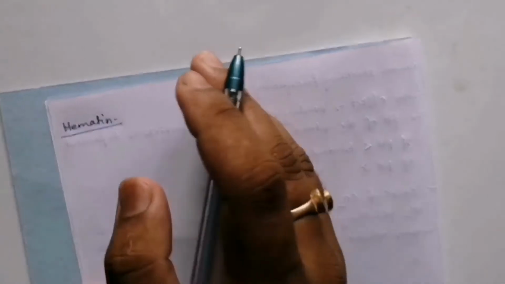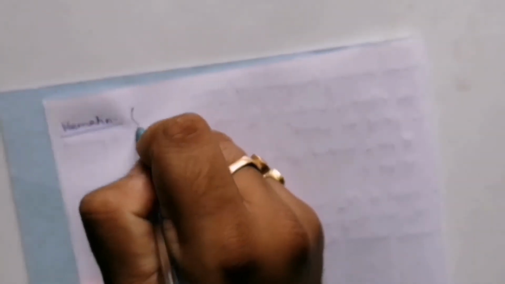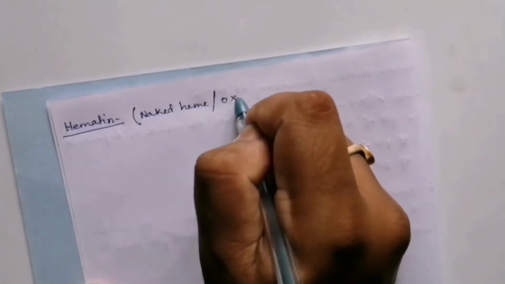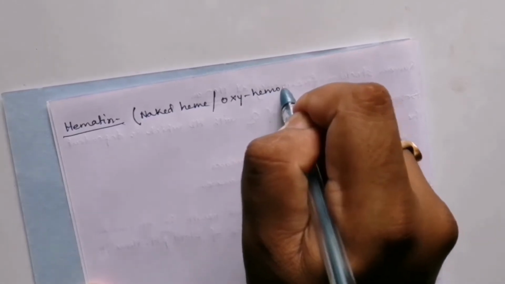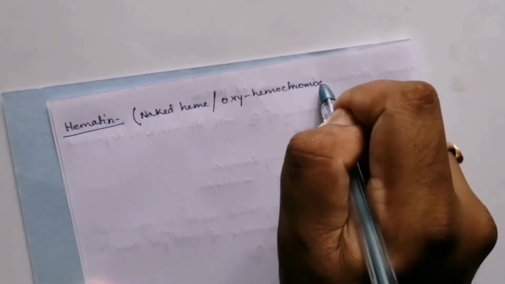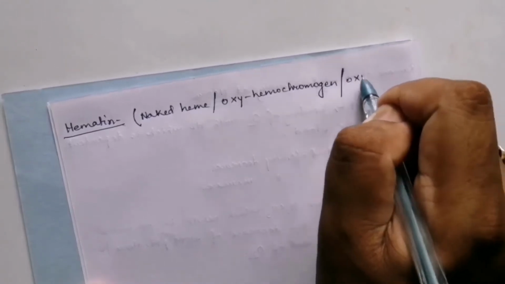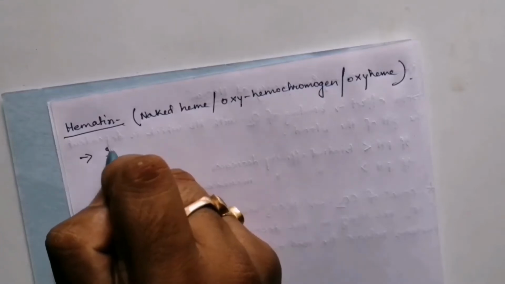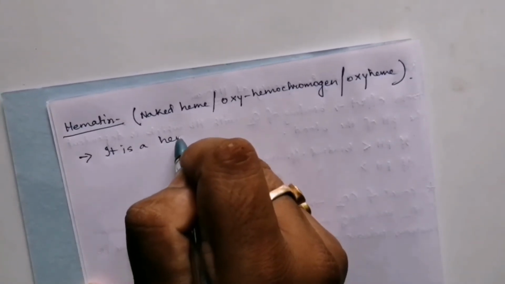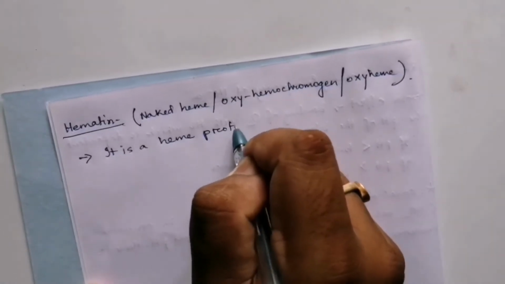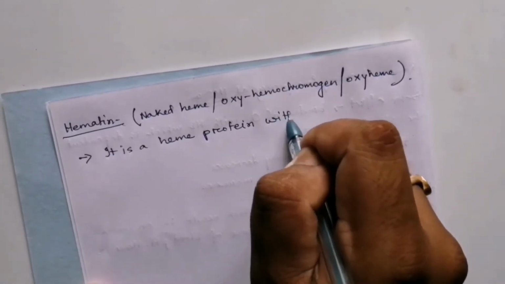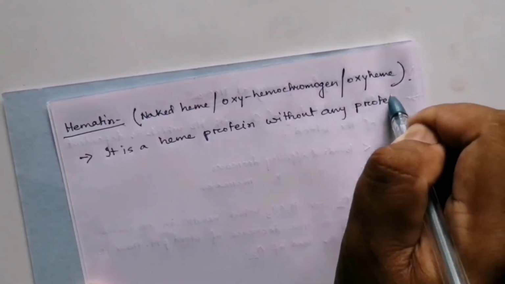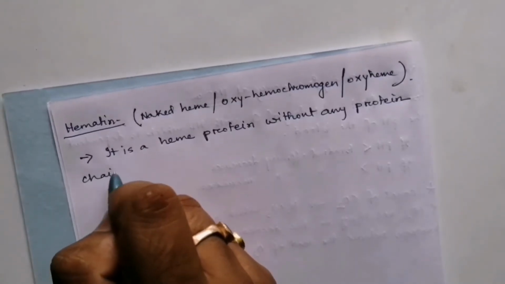So let's start with our today's topic, hematin. Hematin is also known as naked heme, oxyhemochromosome, or oxyheme, etc. So this is generally a heme protein without any protein chain attached to it.